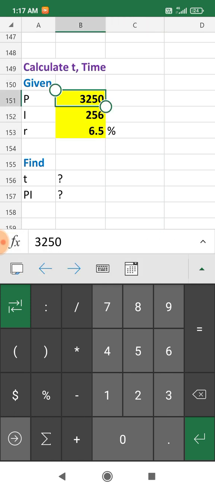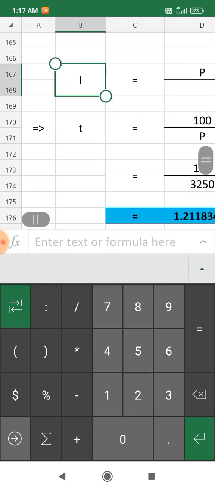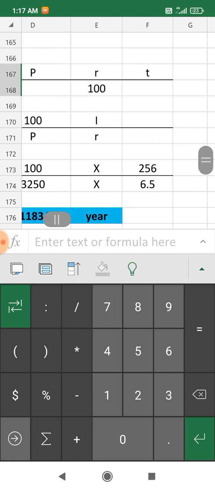So this is the amount I have invested. This is the amount I get as interest, and this is the interest rate. So for how many years have I invested the money? Simple formula. We know I equals PRT by 100.